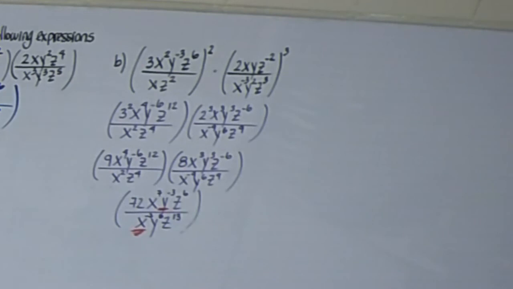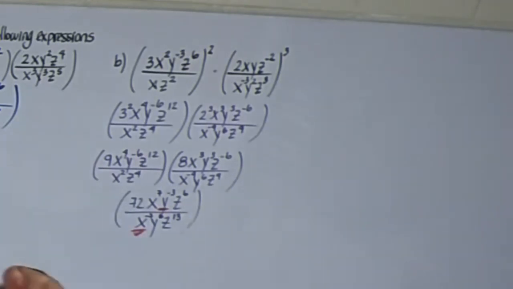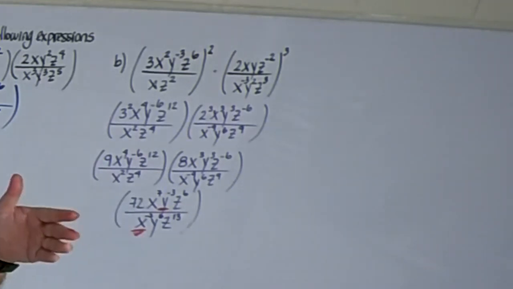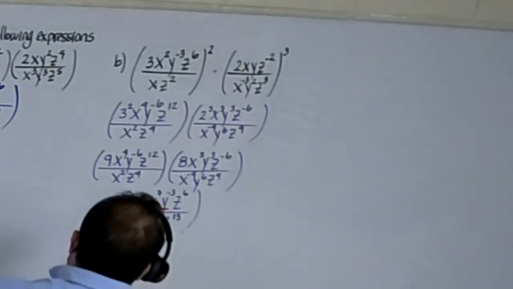Only these two variables have negative powers. To rewrite this expression using positive powers is simple. Don't forget this golden rule: if the negative power is located over, to make it positive, you move it to the downward position. And if the negative power was in the downward position, to transform it to positive, it will be located over.